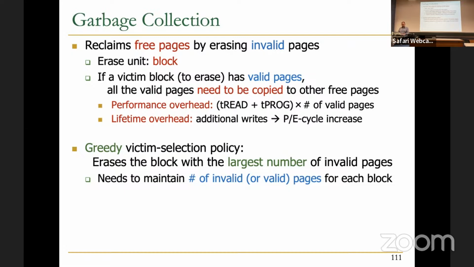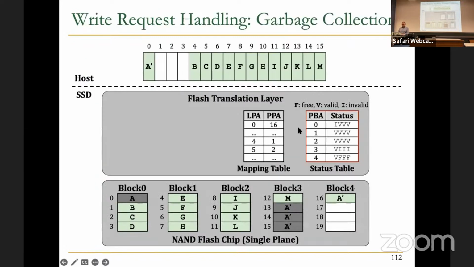So now you need to add this status table, which is per physical block address. For every page in that block, you need to know if it is free, valid, or invalid. With that information, you can select the victim. In our example, block 3 has the largest number of invalid pages, so we consider it the victim.